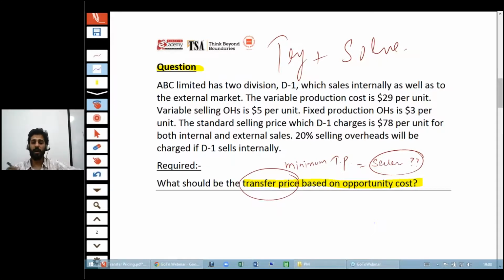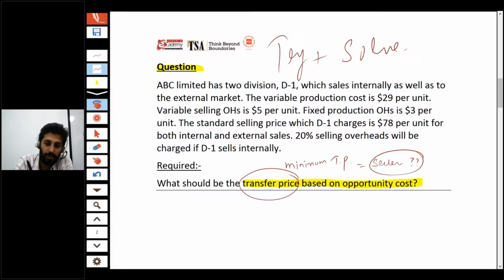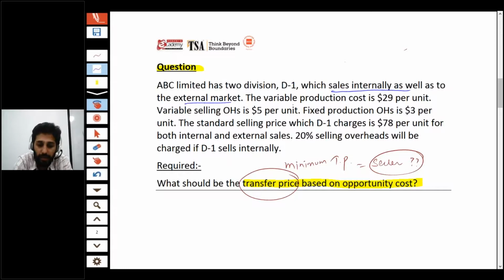All right, now I'm going to solve this question here. ABC Limited has two divisions, D1 which sells internally as well as to the external market. The variable production cost is 29, variable selling overhead is 5, fixed production overhead is $3.